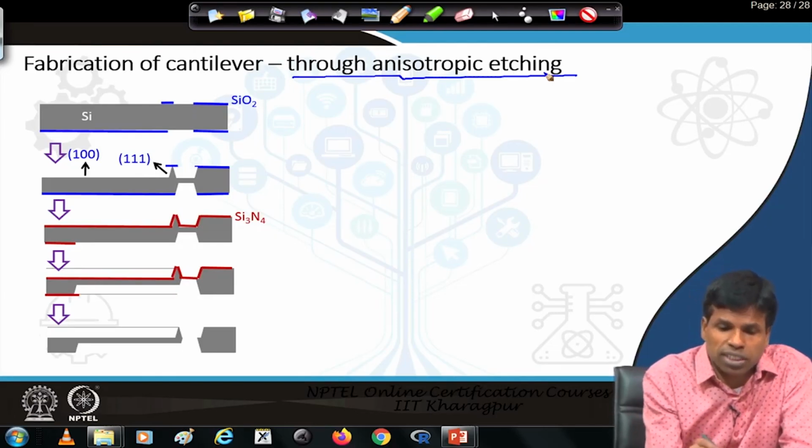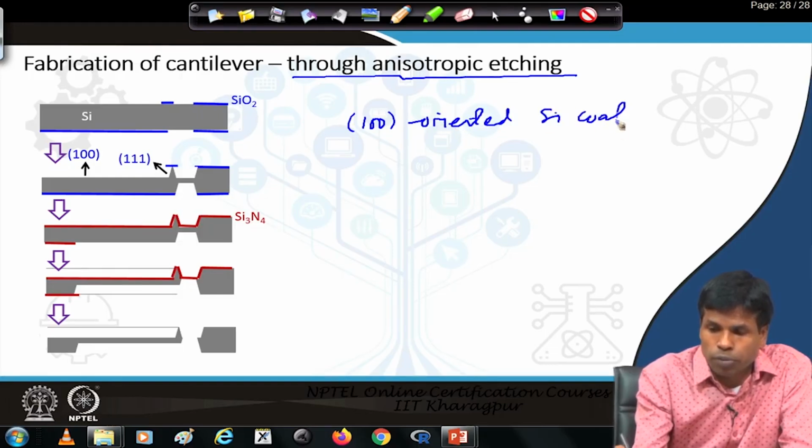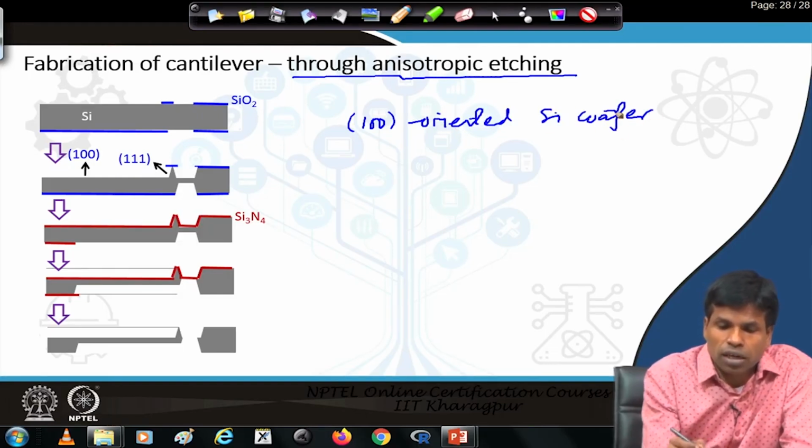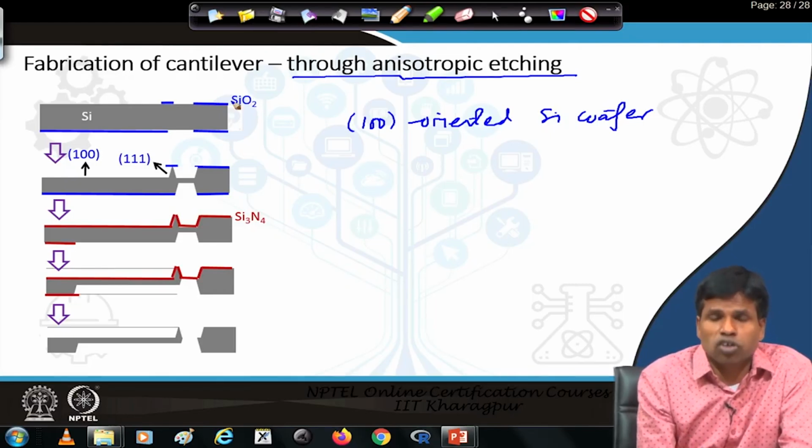So in this particular case, 100 oriented silicon was chosen first. The oriented silicon wafer was taken, and then SiO2 is selectively deposited at certain places. This is done by lithography.